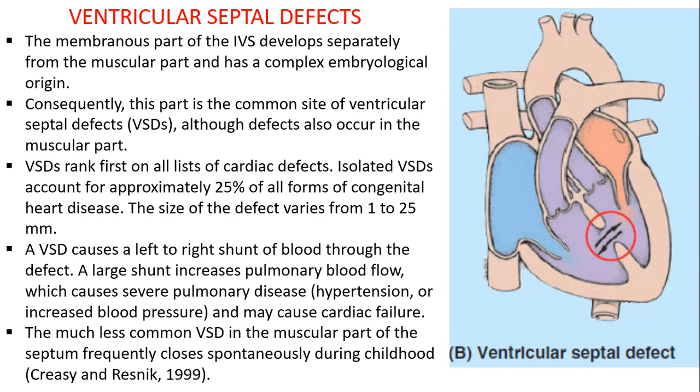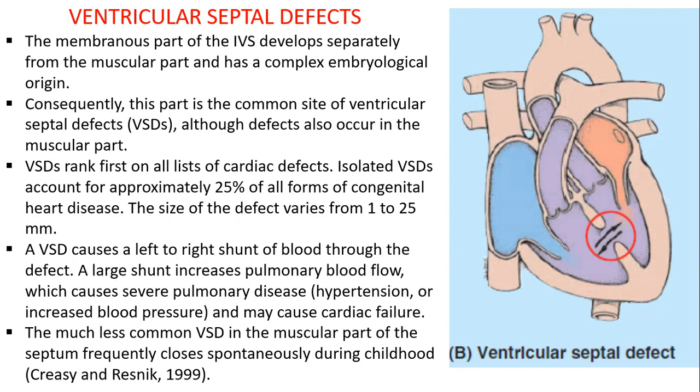You will learn those grades later when you go to the clinical side. Here, what to know is that pulmonary hypertension, an increase in pressure in the pulmonary system, will be seen when a large VSD is present, because of the pressure generated by the left side, which will shunt the blood to the right side at high pressure.